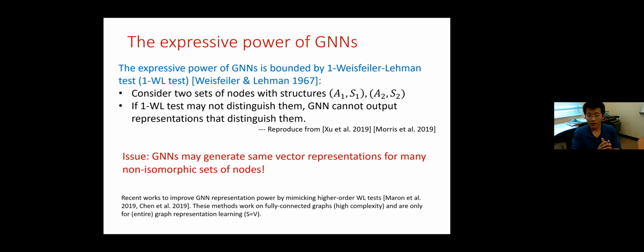I would also like to remark on a few recent works that try to break this limitation by proposing more powerful graph neural networks mimicking higher order WL tests, but all of them transform the original graph into a fully connected one, which makes the algorithm not that scalable. And these methods only evaluate the entire graph representation, which means the target node set S equals the entire node set V.